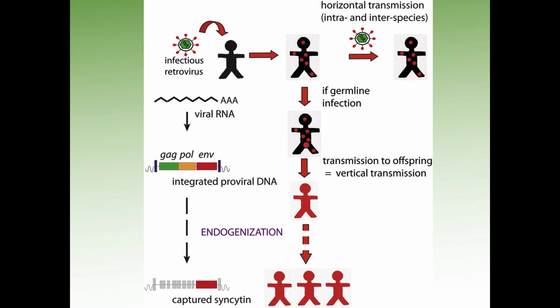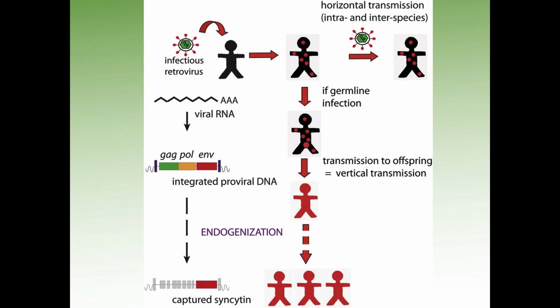Well, if we think about how a virus first gets into a system like a eukaryotic genome, we can have cases where a virus infects an organism, and then the virus, once it infects the organism, will begin to make copies of itself, especially these retroviruses, things like coronavirus. They'll make copies of themselves.